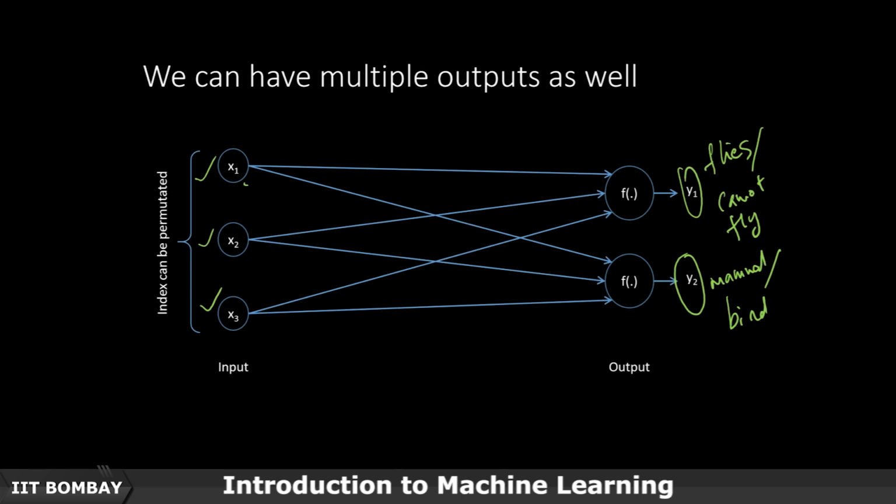For example, has fur, doesn't have fur is important to both problems. Has feather, doesn't have feather is important to both problems, and has wings, doesn't have wings is important to both problems. So these could be your inputs that are extracted using either some tabulation or something along those lines, and based on that we want to reuse those inputs for 2 different problems.